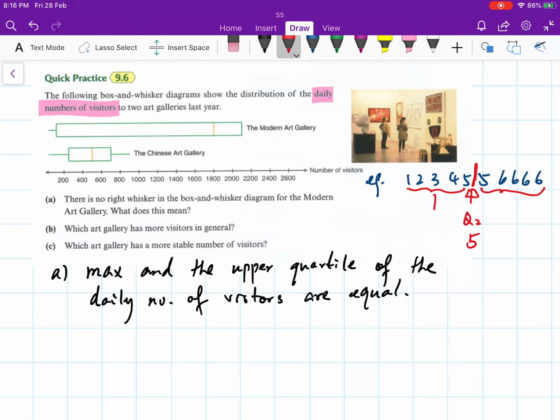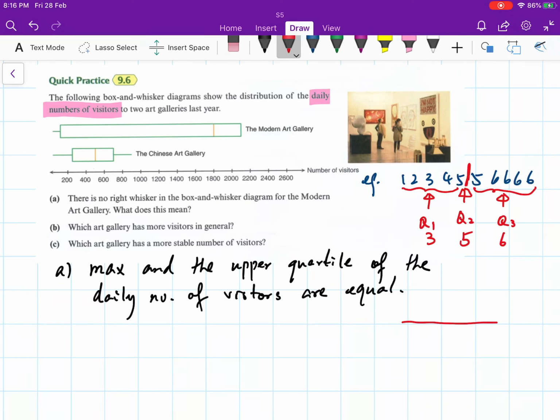So this is in the middle, this one will be Q2. So we'll have Q2 equal to 5. Then we need to find Q1, then we also find Q3. So Q3 is 6, Q1 is 3. If I really need to draw the box and whisker diagram, remember to draw on scale. So we'll have 3, 4, 5, 6.